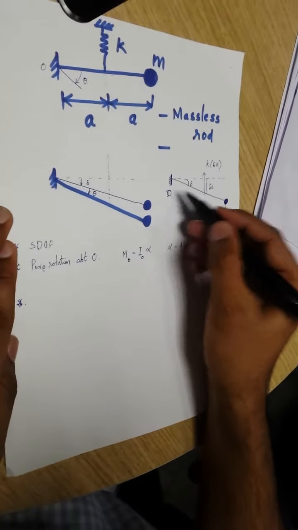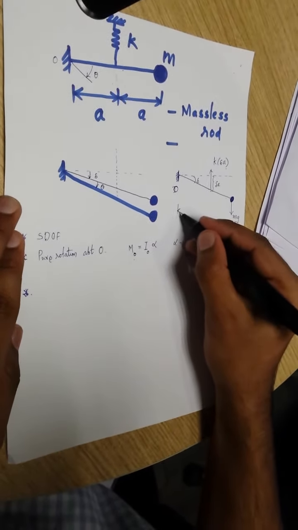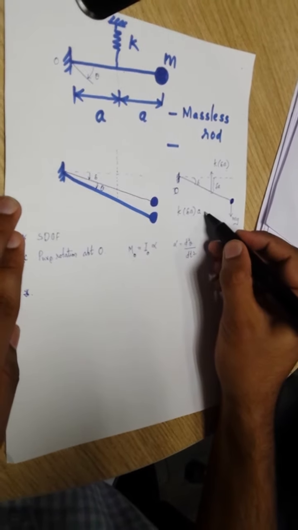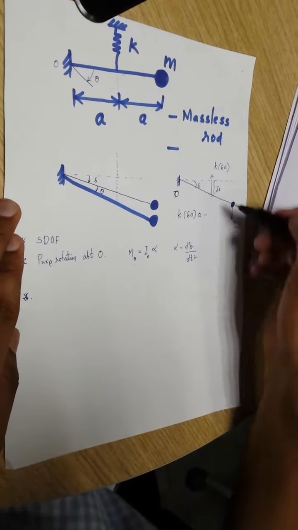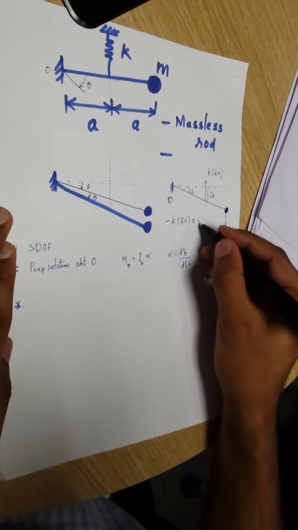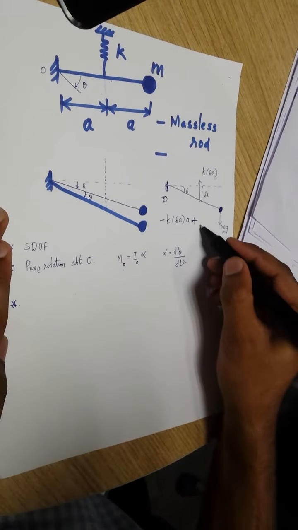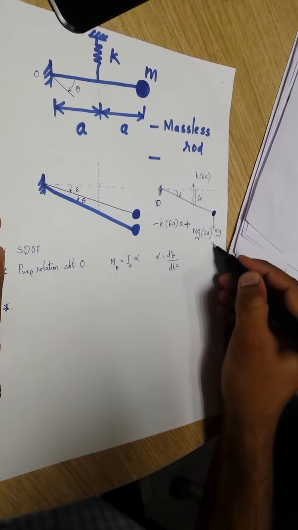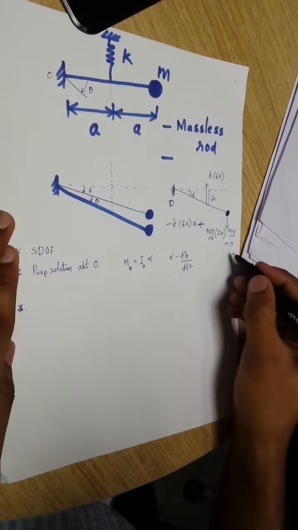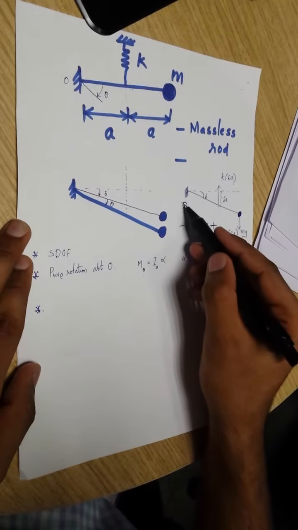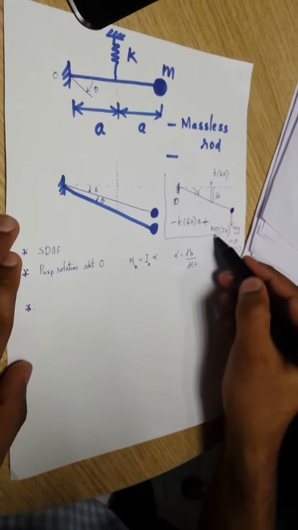So if I take the moment about this point, K delta A into A minus, so this should be minus, because if I take this as the positive direction, this is in the negative direction, plus mg times 2A should be equal to 0. I will call this equation 1. This is for the equilibrium position.